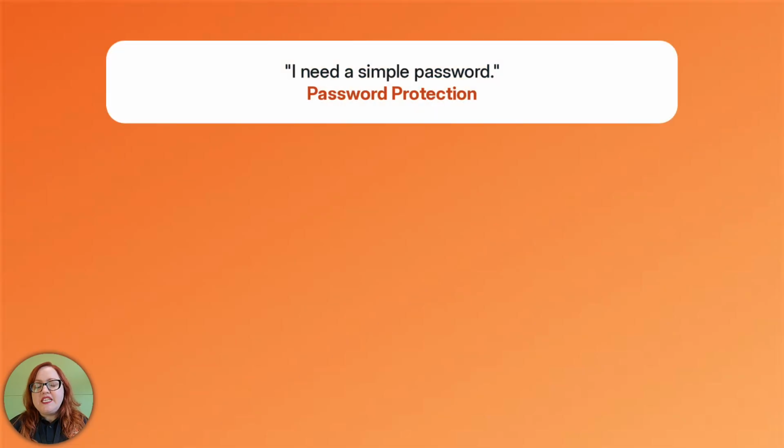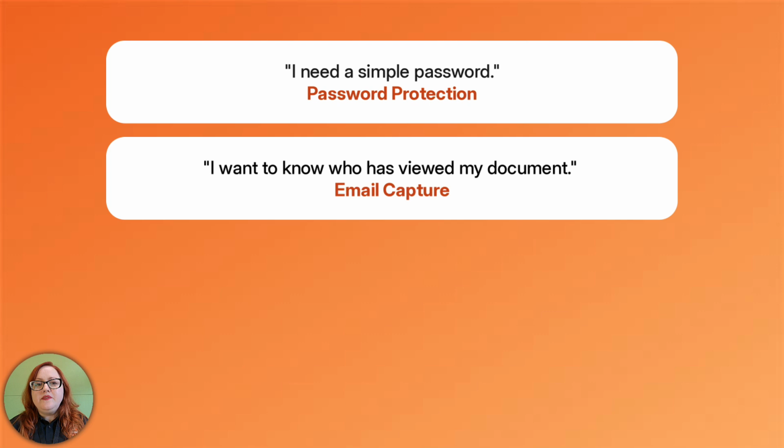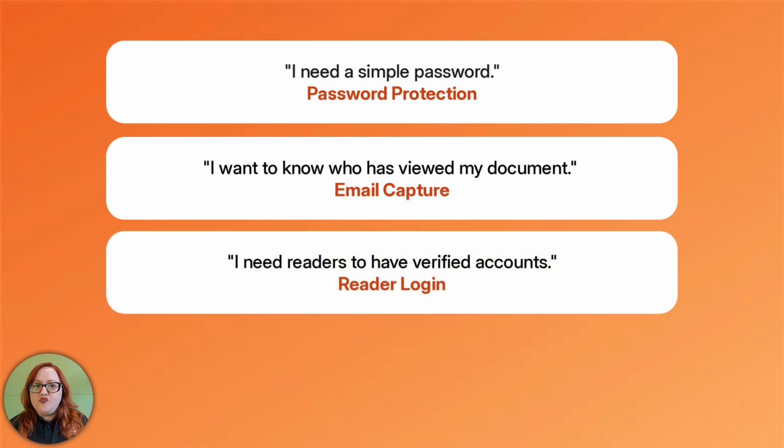Password protection is a quick and simple way to restrict access, and it's best suited to situations where the audience is trusted. Email captcha helps identify readers and improve reporting, but it doesn't verify their identity. Reader login verifies a reader's email address and allows them to create their own secure password, reducing the risk of unauthorized access.